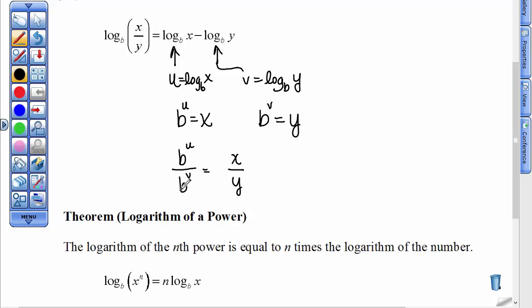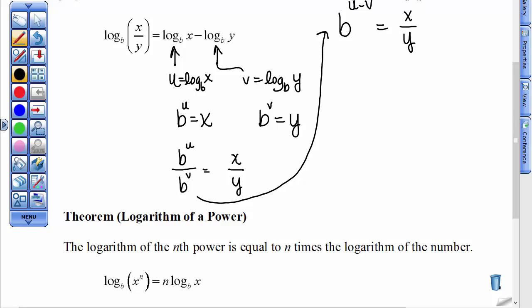But right here, because those bases are alike, I could take u minus v. So I'm going to take that over here and write that as b to the u minus v power equals x over y. And now I'm going to put this all back into logarithmic form, so the exponent is all by itself.